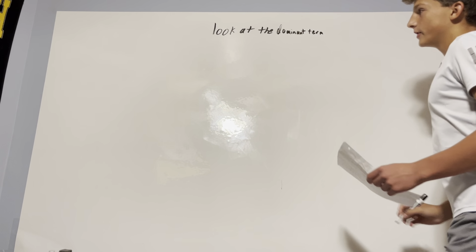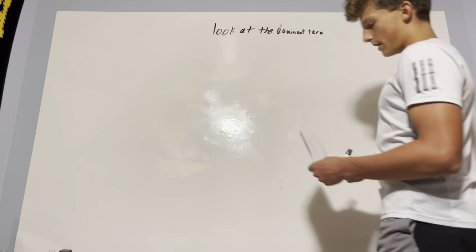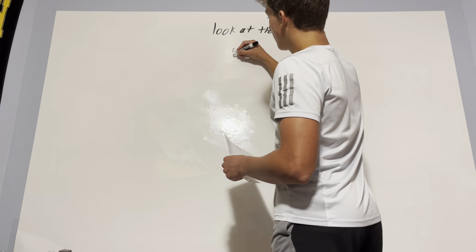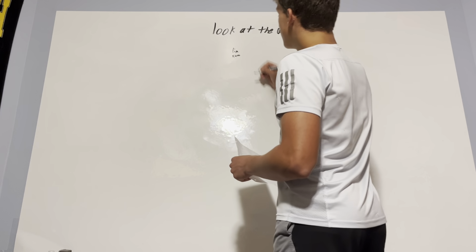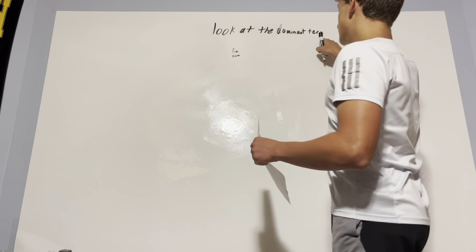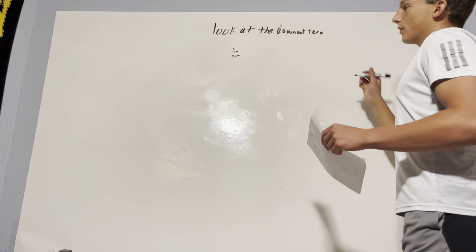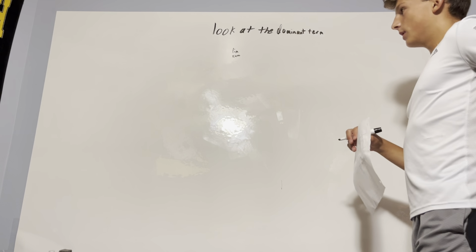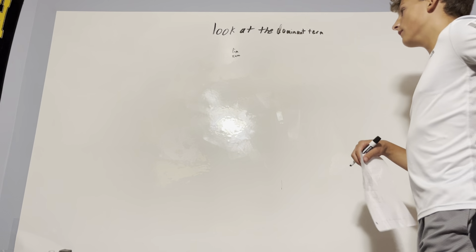And what I mean by this is basically look at the term with the highest power. So say we want to take the limit as x approaches infinity, and looking at the dominant term for evaluating limits is most important when evaluating limits that will involve some sort of infinity.